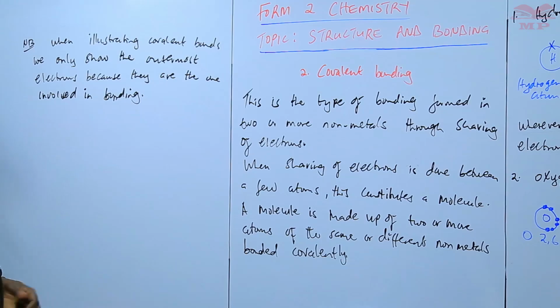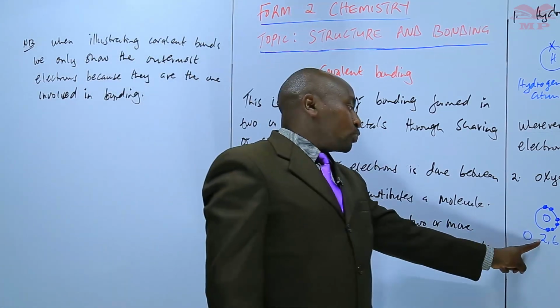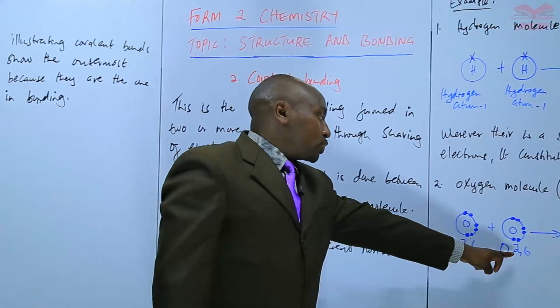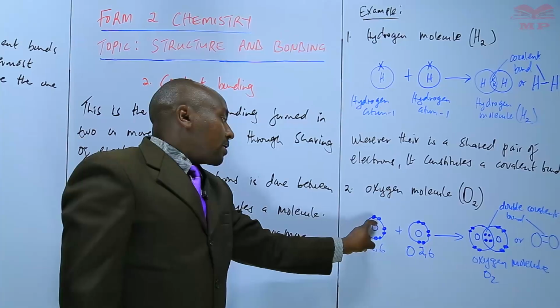So that's why we only show the outermost electrons. We are not showing the 2. We are showing the 6. The 2 is never affected. It's already inside there.